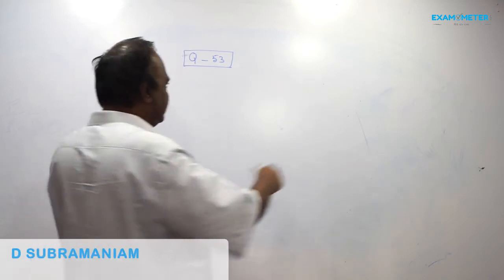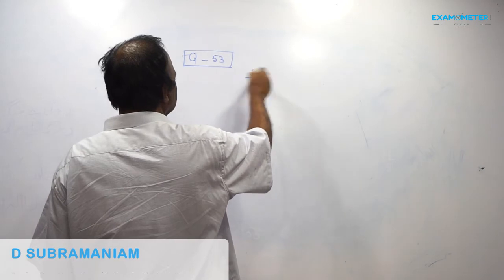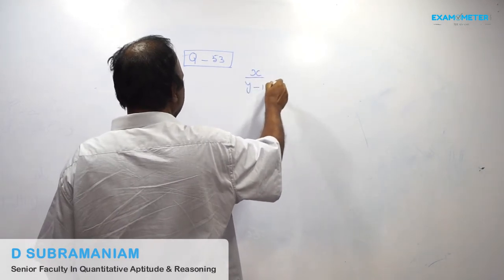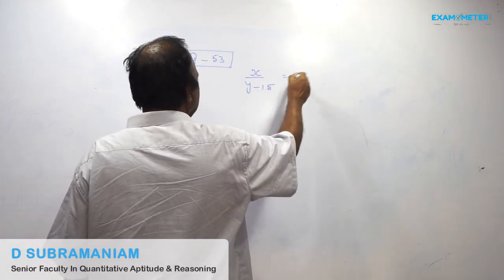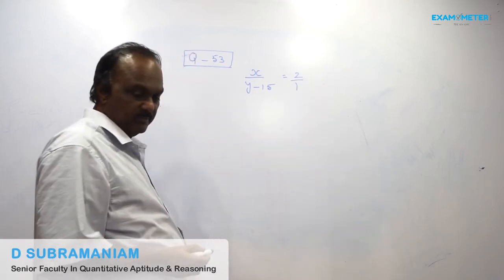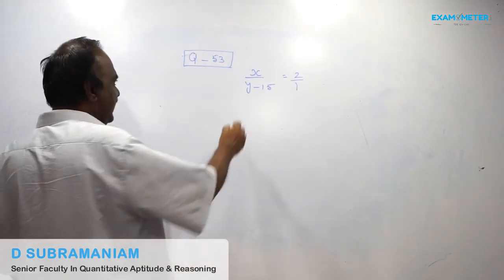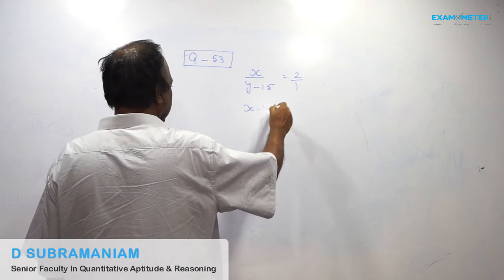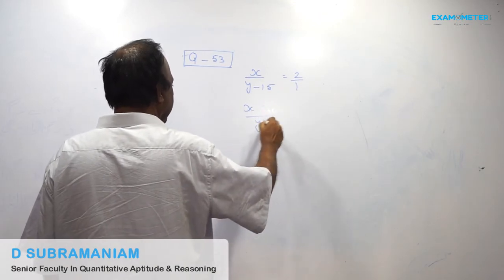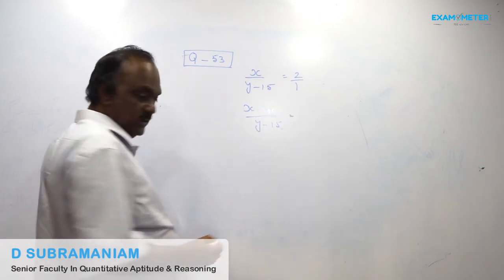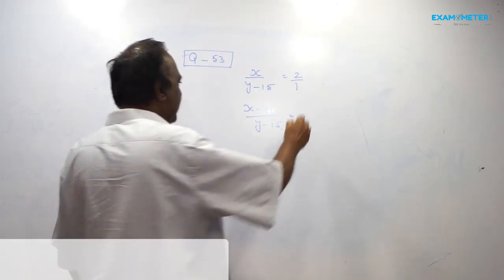So x by y minus 15 is equal to 2 by 1. And x minus 40 by y minus 15 is equal to 2 by 5.